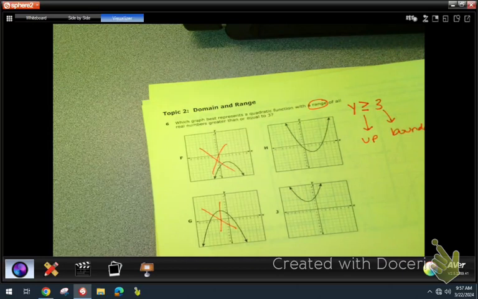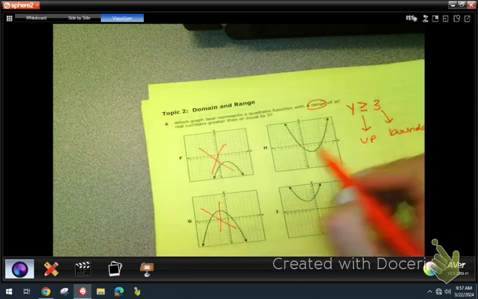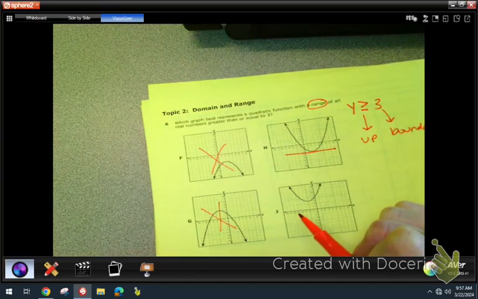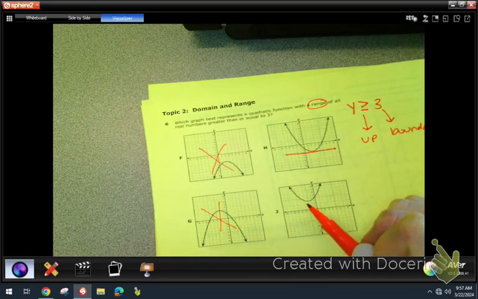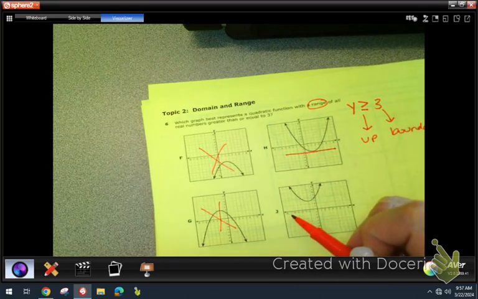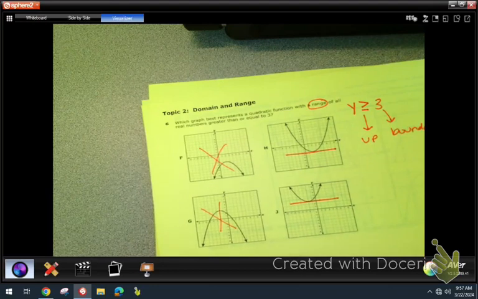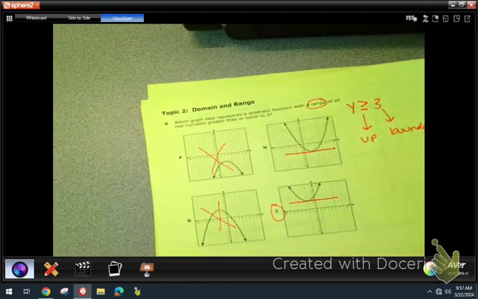Three on the Y, because it's range. Where is H's boundary? No, it's on the X. No, -3. H's boundary is -3. Where is J's boundary? Positive. So which one has to be right? J. Do y'all see how I kind of just reasoned through that?